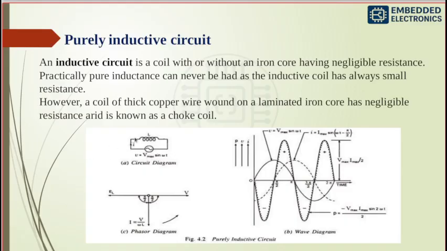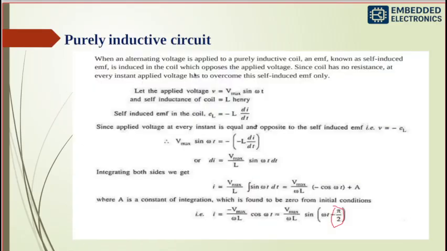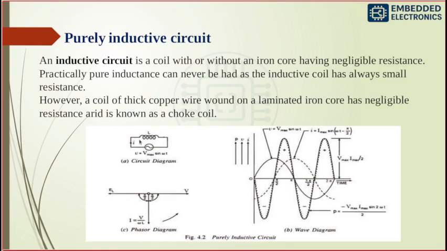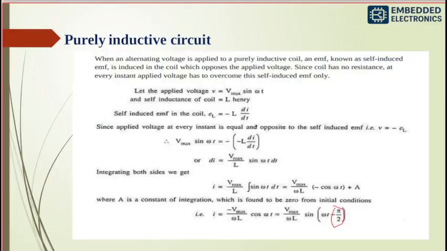So see, in this diagram we have the reactance, and current is flowing, and the applied voltage V is nothing but V max sin omega t. When an alternating voltage is applied to this purely inductive coil, an EMF known as self-induced EMF is induced in the coil.